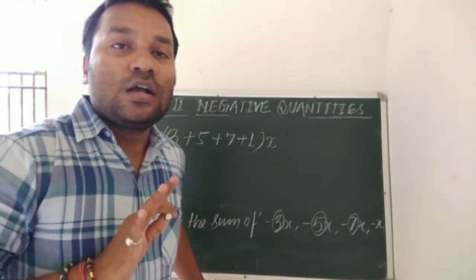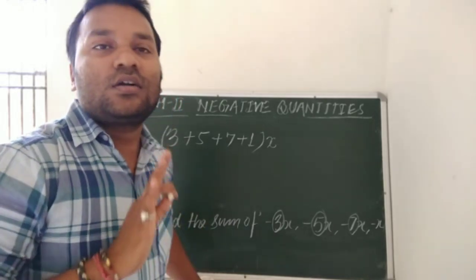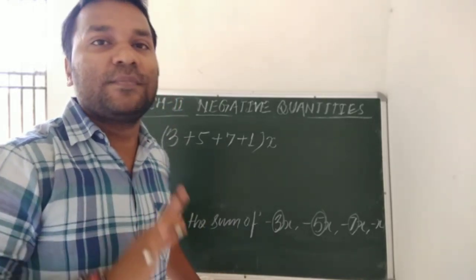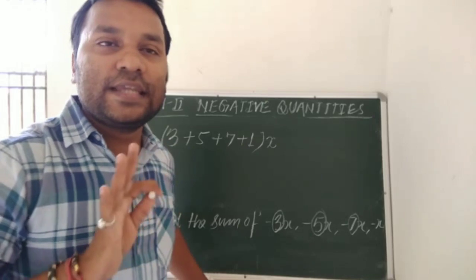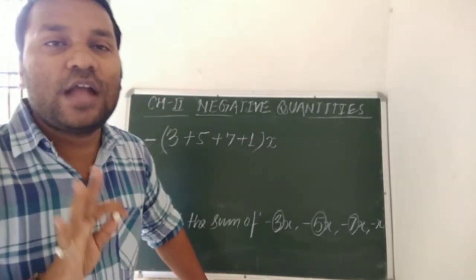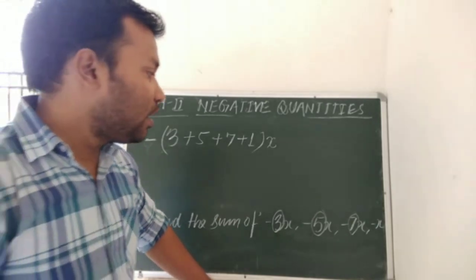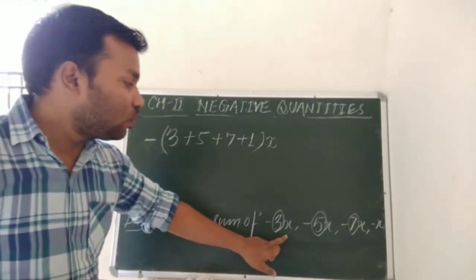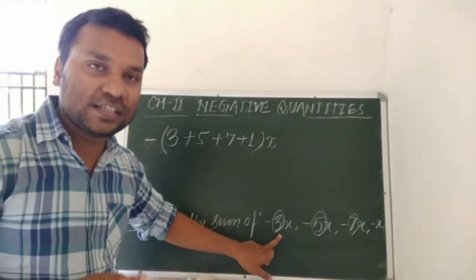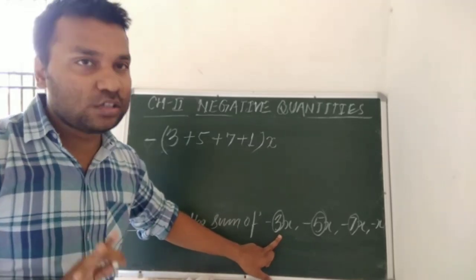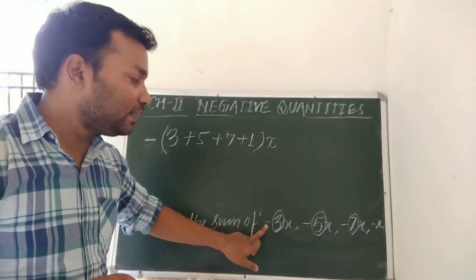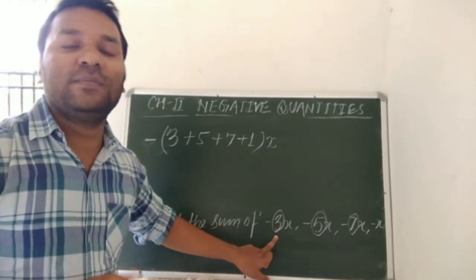Students, to add coefficients numerically means that we have to just take the numeric values of the coefficients, not their sign. For example, the coefficient of the first term is minus 3, but when we talk about the numeric value, we will not take its sign and the numeric value will be 3.